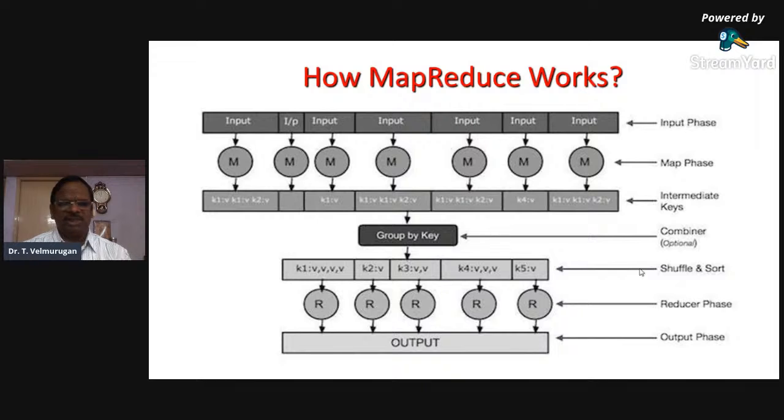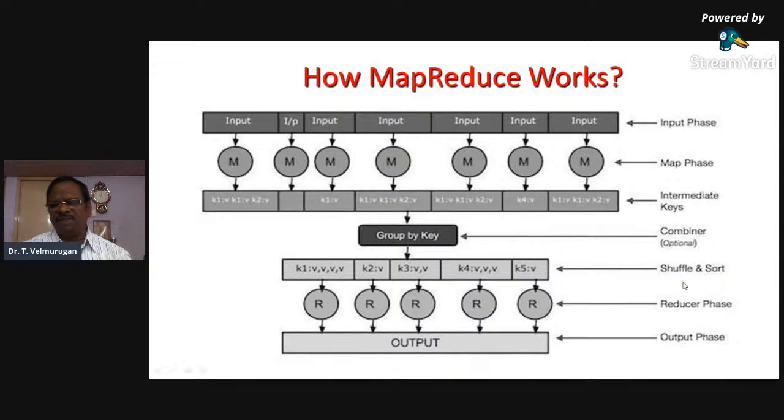The information produced by the map phase is shuffled and sorted. Shuffle and sorting are a necessary part of the MapReduce method.